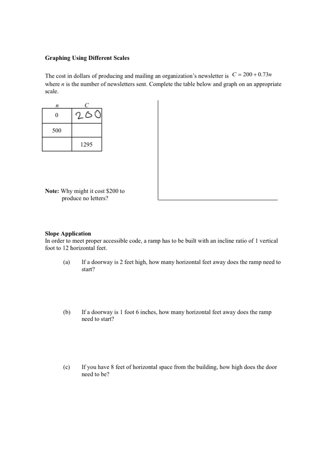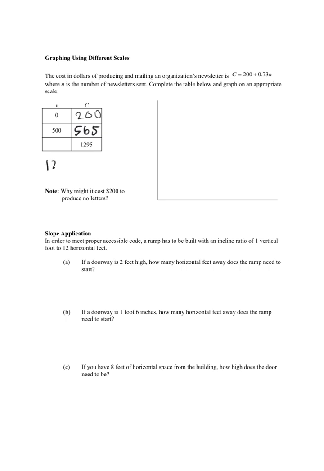If you do 500 newsletters, well, in that case, you got to do 0.73 times 500 and then add the 200 fixed cost. That gives you $565. What about that $12.95? Notice that's where the C is $12.95.